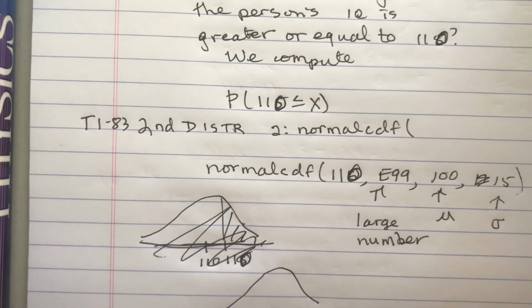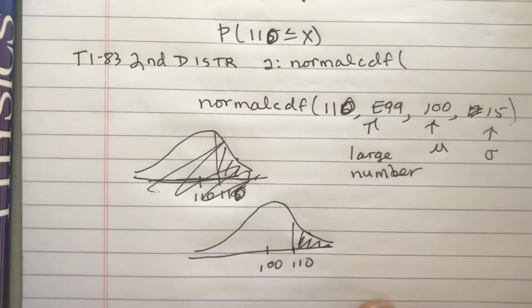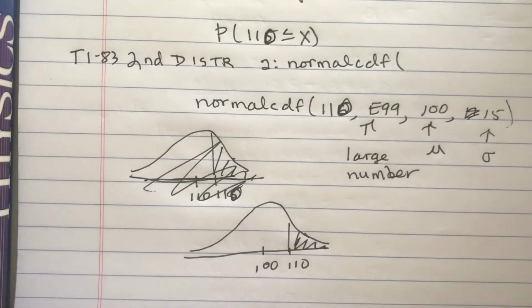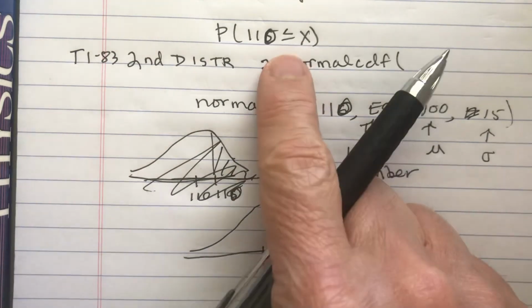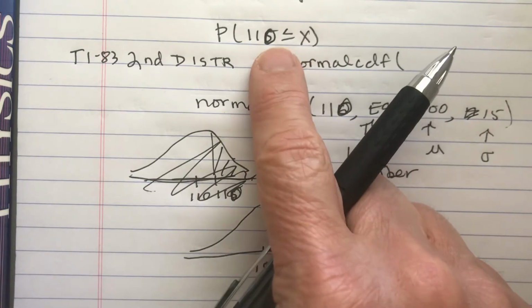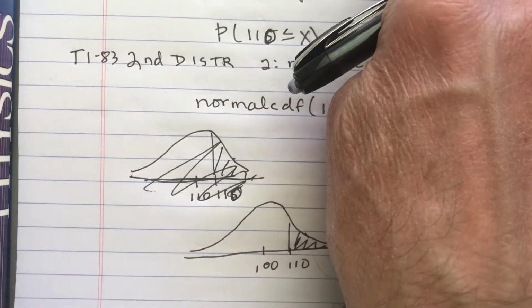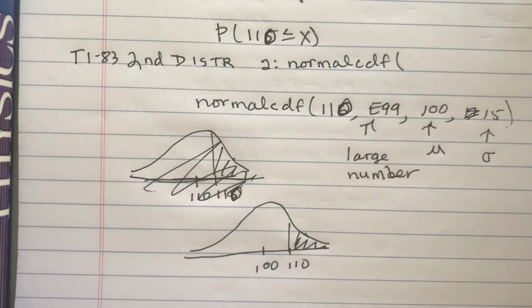Okay, here's 100. Here's 110. I mean, 110 is not even a full standard deviation above the mean, so it's 10 above, and the standard deviation is 15, so that's 10 out of 15, so that's 2/3. So that sort of tells us something about what we should expect for our number.